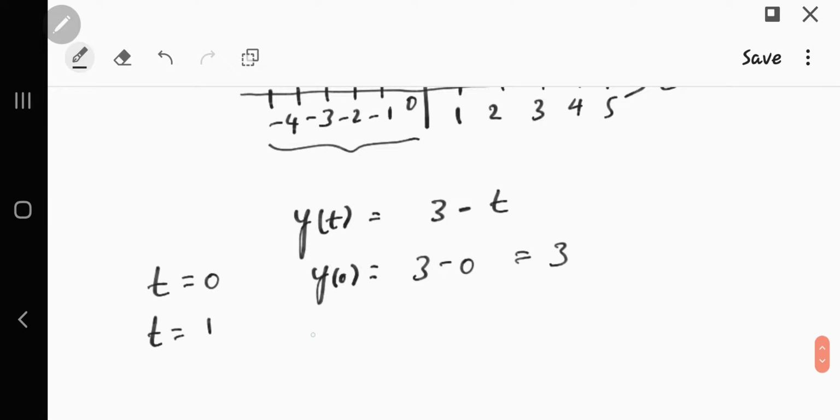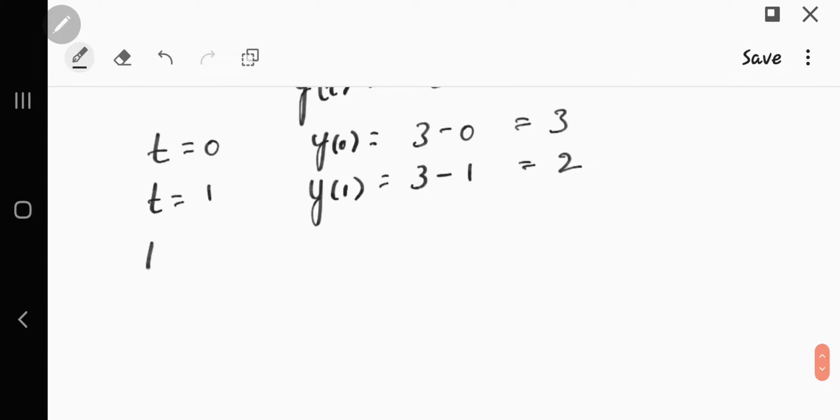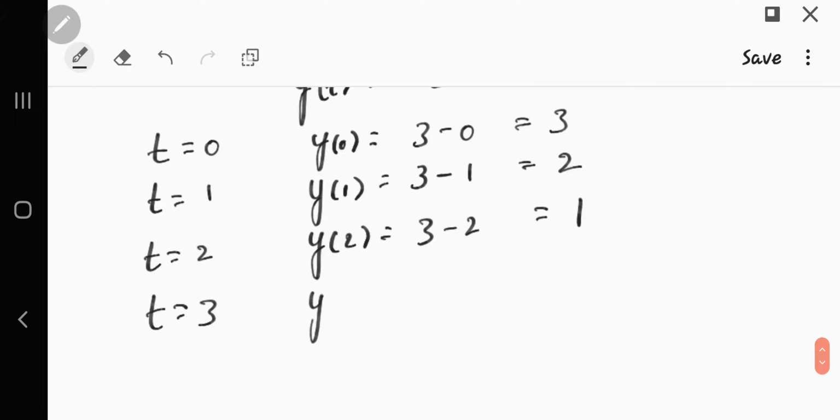For t equal to 1, y of 1 is 3 minus 1, that is 2. For t equal to 2, y of 2 is 3 minus 2, that is 1. And for t equal to 3, y of 3 is 3 minus 3, that becomes 0.